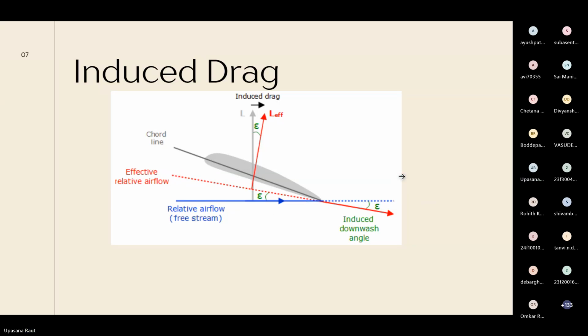Because lift always acts perpendicular to the relative airflow, the lift will also shift by the same angle epsilon. But if we resolve it around the original lift through the airfoil, we'll see that there is a small component of drag induced in the direction of the original drag. So induced drag is a drag which is created by lift itself.